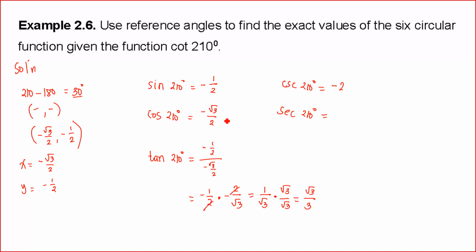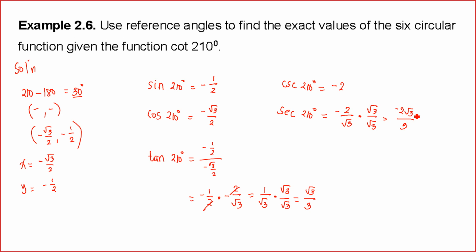Then you have negative 2 over square root of 3. So rationalize the denominator. So multiply square root of 3 over 3, square root of 3 rather. Then what we will have here is negative 2 square root of 3 over 3.